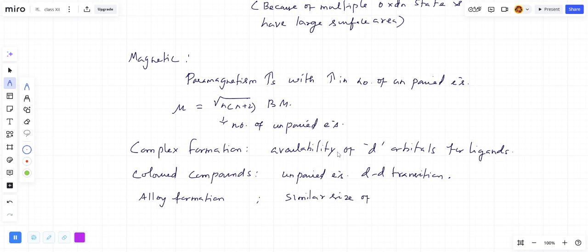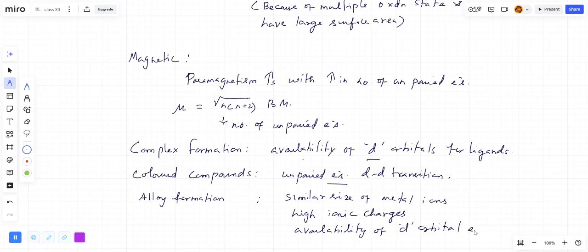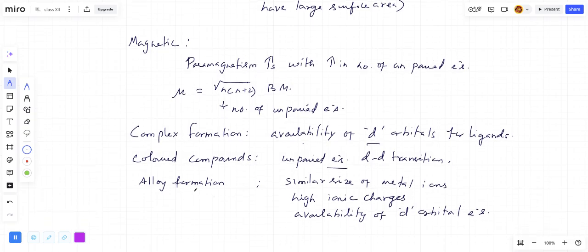Similar size of metal ions, high ionic charges, and availability of d orbital electrons. Because of this, they form alloys.